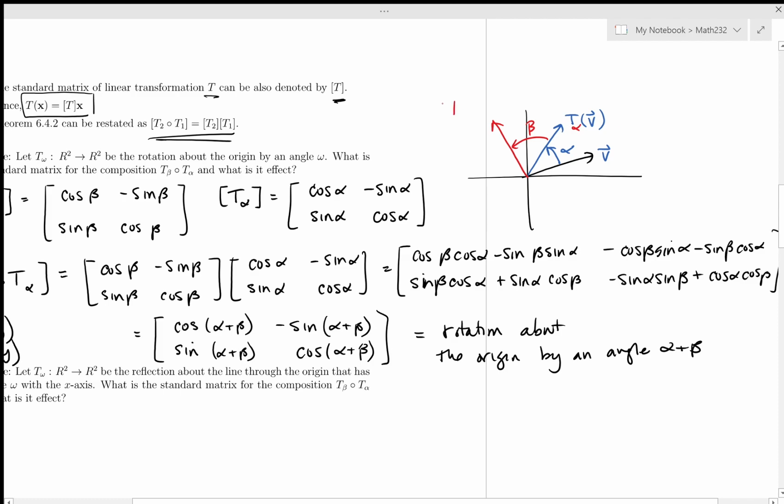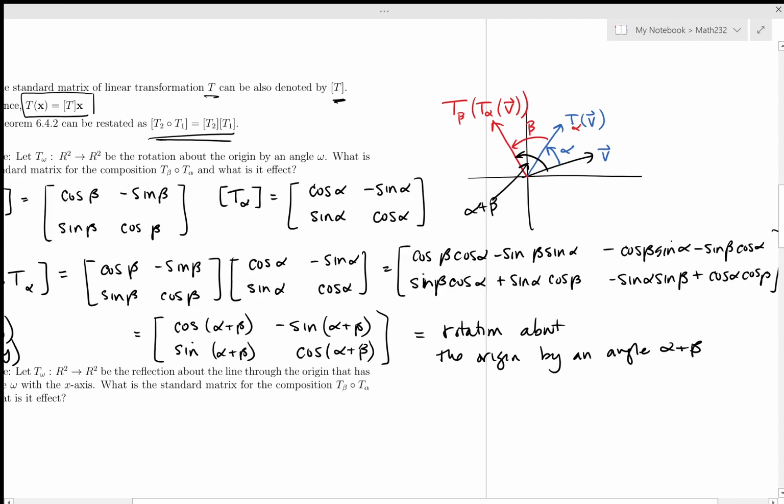So that's this right here, T beta of T alpha of v. There it is. And as you can see, the net effect of first rotating by alpha, then rotating by beta, is to rotate by alpha plus beta. So this rotation here is alpha plus beta.